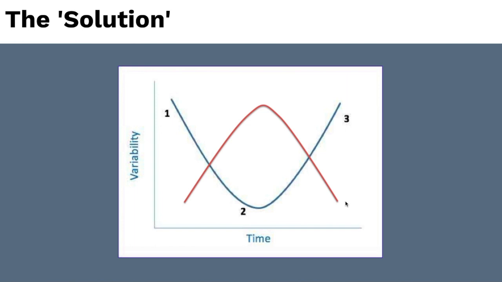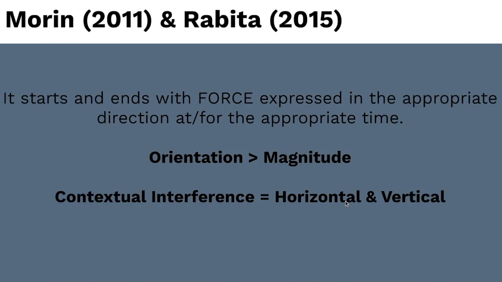As their variability drops and they get a handle on the skill, we can then intervene with increased variability through cues, drills, feedback, whatever it may be, to help bridge the gap between stage 1 and stage 3. And then as they progress further into stage 3, we can pull back the variability that we introduce and make sure that they can perform that skill well. We can make sure it stabilizes and actualizes.